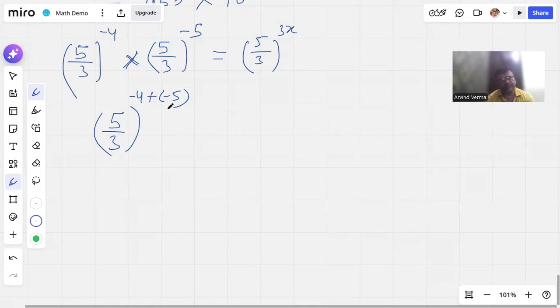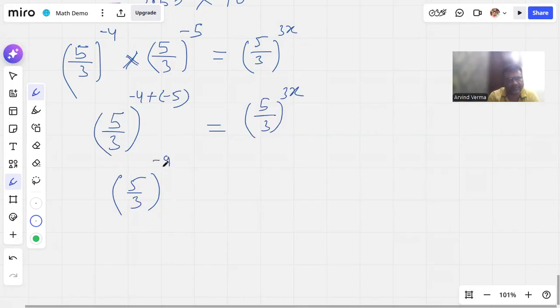Always, whenever a negative sign is there, use the brackets. Now 5 upon 3 raised to the power minus 4 minus 5, that is minus 9, is equal to 5 upon 3 raised to the power 3x.